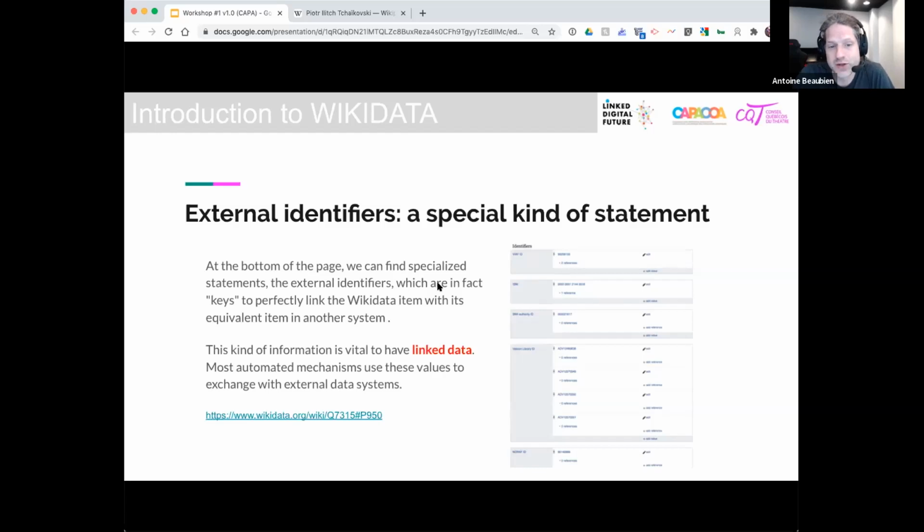So the external identifier is a requirement for that. And we talk a lot about linked data, but external identifiers are exactly that. They make links between data that is in Wikidata and data that is outside of Wikidata. So it's a very, very important concept.